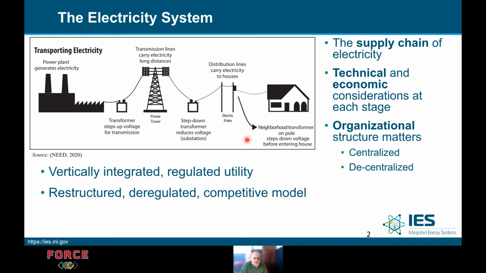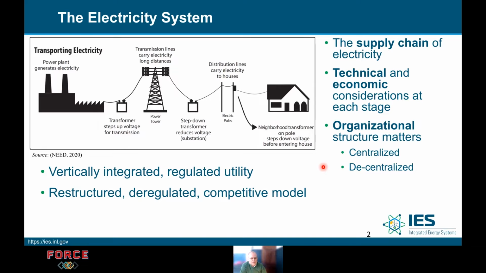It's helpful to think about this for the following reason. Essentially, this is the supply chain of electricity, and at each of these stages there are different technical and economic considerations that have to be dealt with. So in the first part of my talk today, I'm going to think about the organizational structure of how those things are organized, particularly in terms of a centralized system versus a decentralized system.